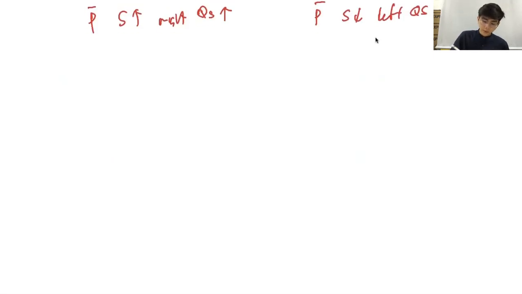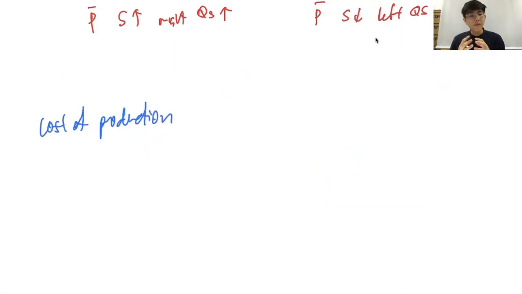Okay, so for supply, I want to make it simple. The key idea is the cost of production. So the cost of production will be the key that affects the supply. So I'll ask you a simple question. When the cost of production increases, which means that it becomes more expensive to produce the goods, will you supply more or supply less?